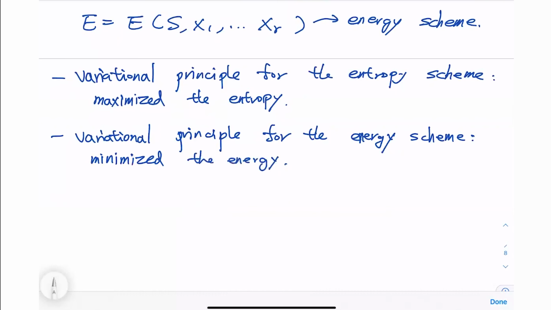I think we have usually heard this kind of statement.